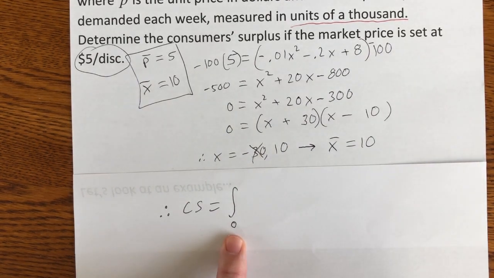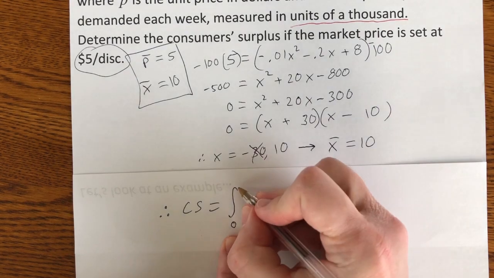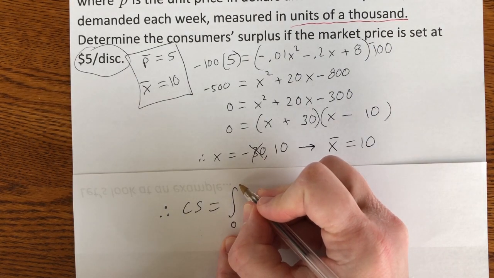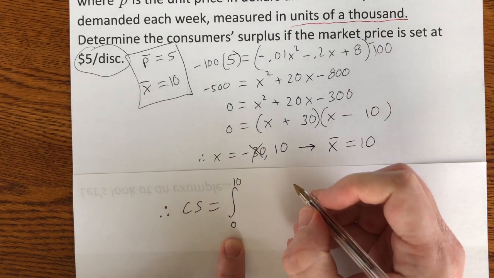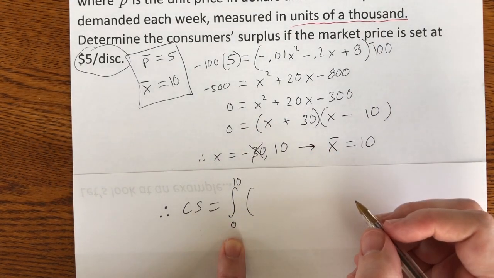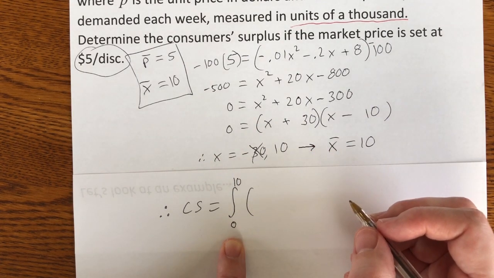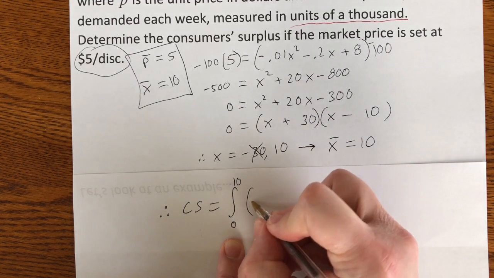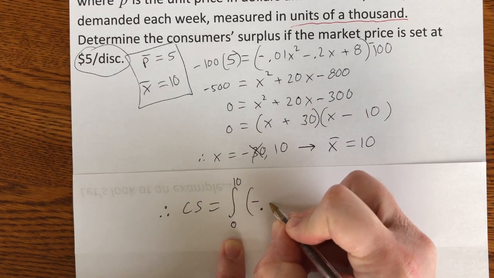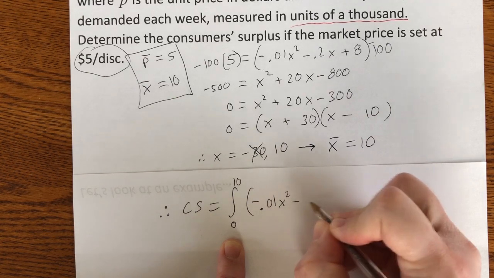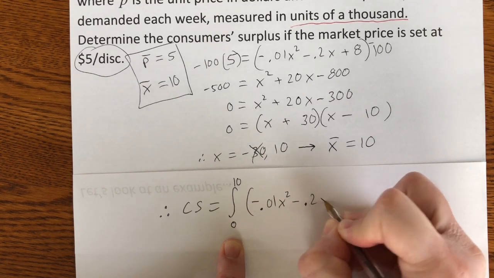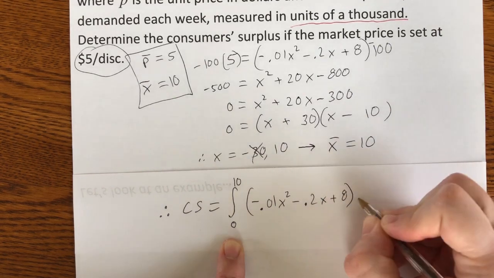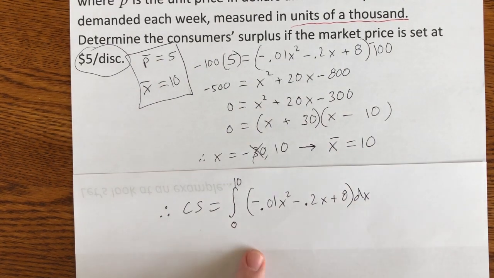The lower limit of integration is always 0. The upper limit is always X bar, which we just determined to be 10. What are we integrating? We're integrating the demand function, d of x. So that's going to be this. And we're integrating this with respect to x.